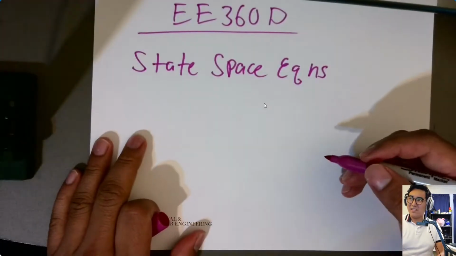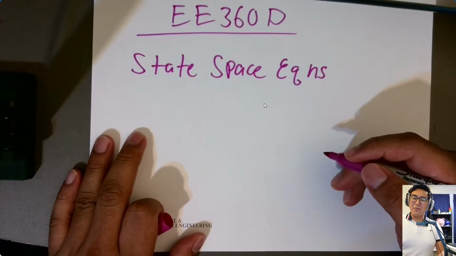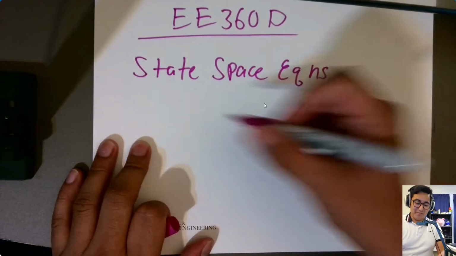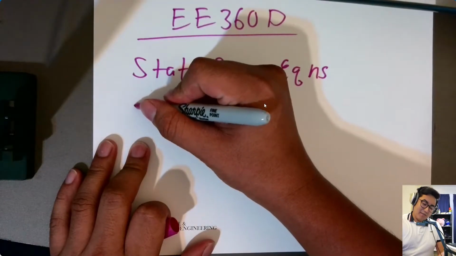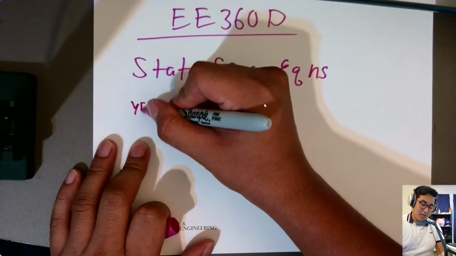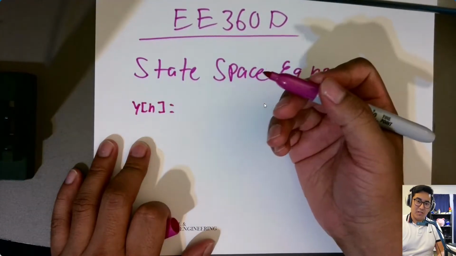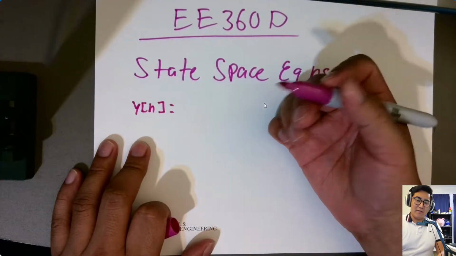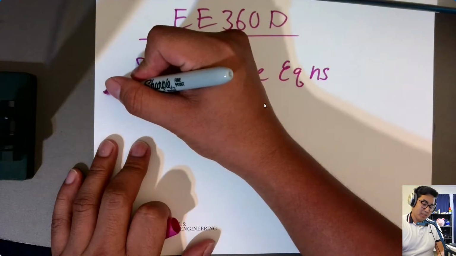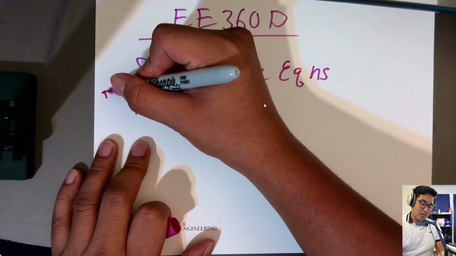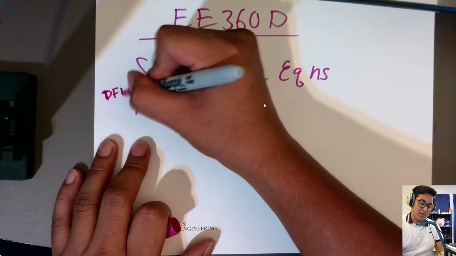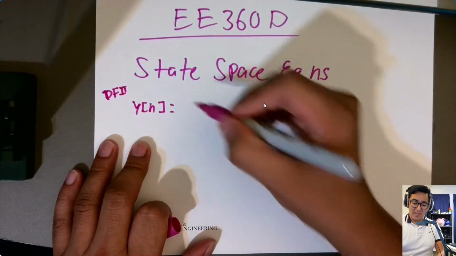So what is a state space equation? If you've realized in your first assignment, you probably saw it, you have some output, which is going to be a function of, let's say, the direct form 2 block, just using this as an example.